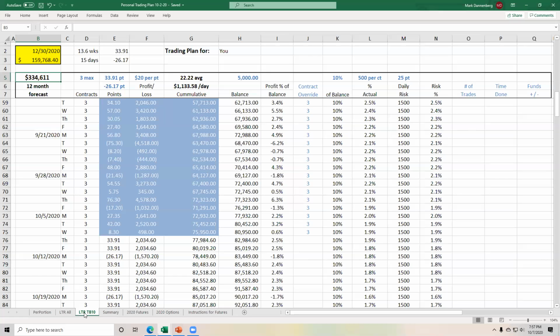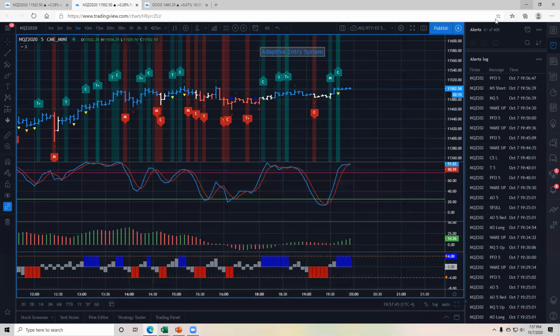Let's see. Dean's asking, Aaron, why not when the signal is in the middle of the bar? So that means that something happened on that price bar. Price action moved on that price bar enough to align the signals mid-bar. And a lot of the time, the price has already moved the 5 or even 10 points of profit that we normally look for by the time that signal came on.